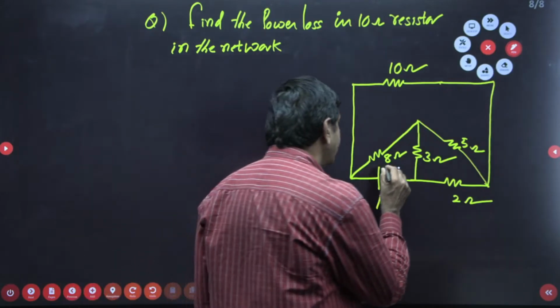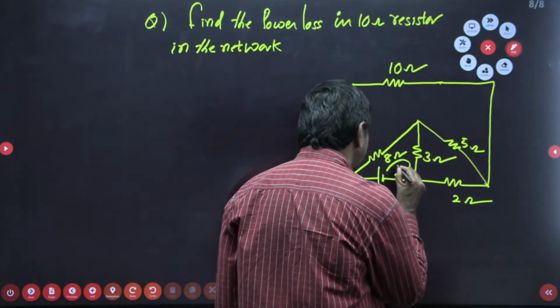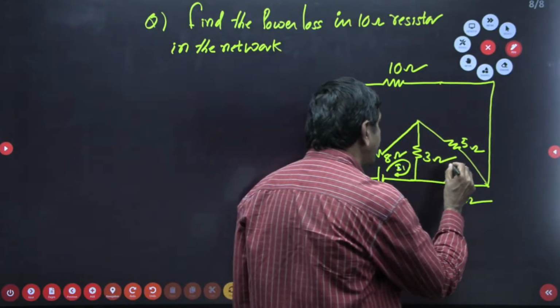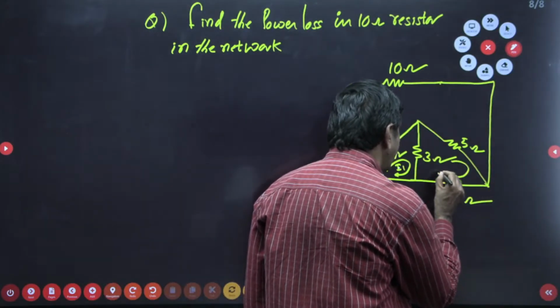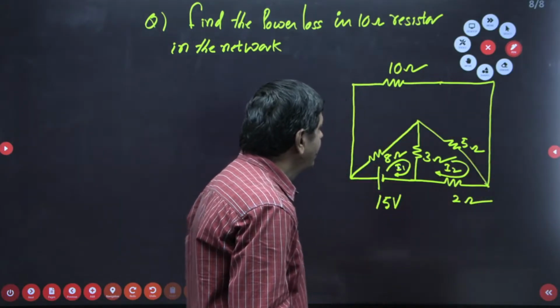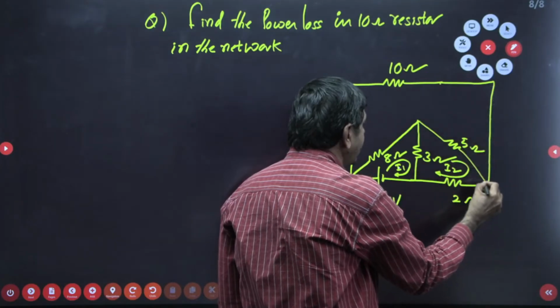I wish to select this current as I1. The current passing in this loop I want to select as I2. This current is nothing but I2. The third loop has the 10 ohm and goes this side.